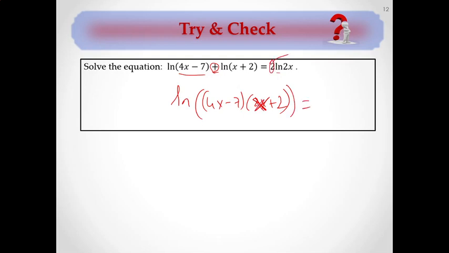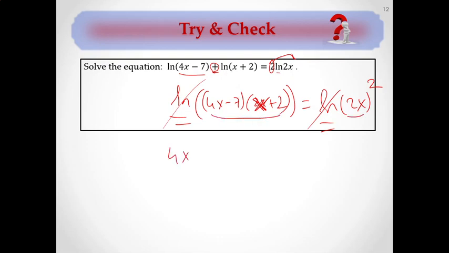And here too, I could take it as a power, 2x. Now we have ln on both sides, and they're the same logarithms of base e, so I can eliminate them directly.